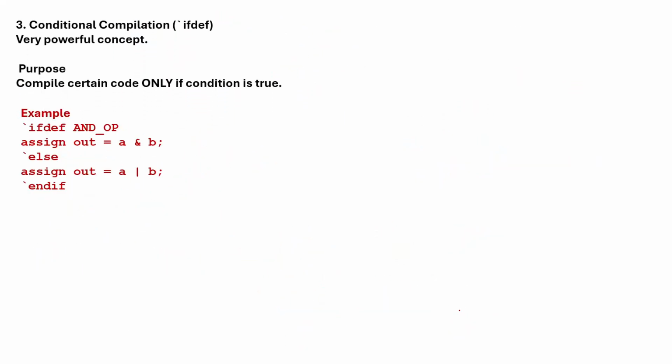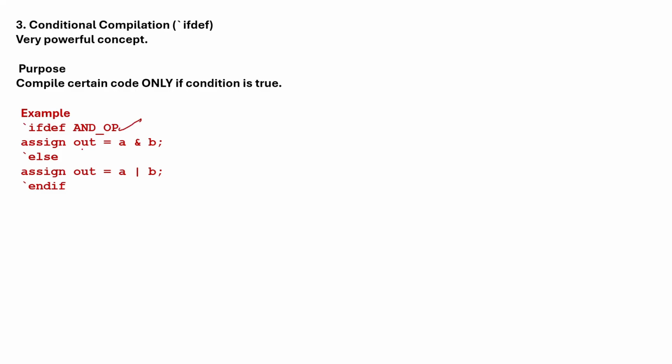See, conditional compilation, like tick if defined. So tick if defined is that when we are using it at compilation time, if the condition is true, only then it goes there. Say I'm utilizing some AND operation.